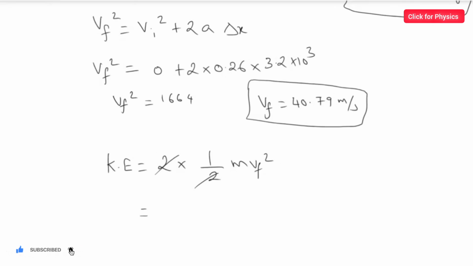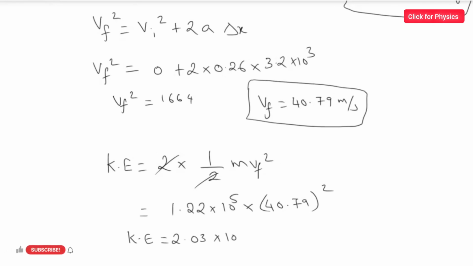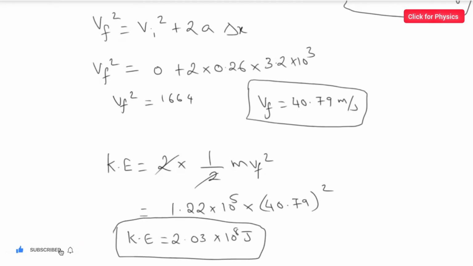Here we got the kinetic energy of the two locomotives as 2.03 × 10^8 joules. So this is the answer for this question. That's it. Thank you.